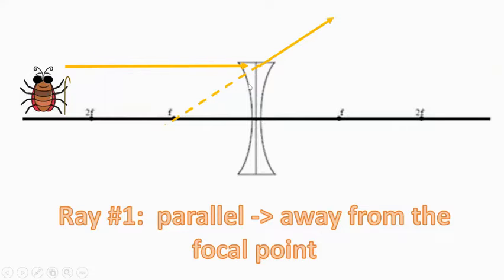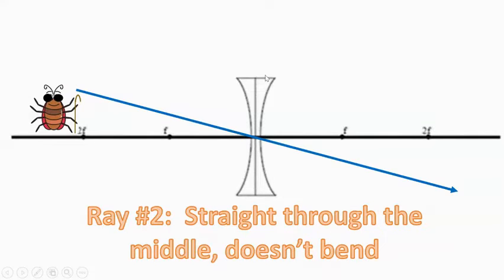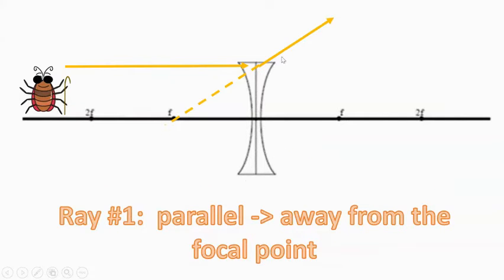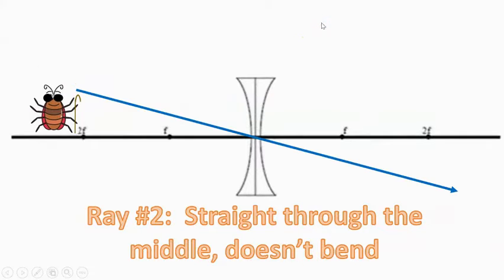So you would draw a dotted line between where the ray hits the lens and that focal point. And then you just continue that line up here into the up and to the right here, and that is what the actual ray of light, the real ray, is going to do.